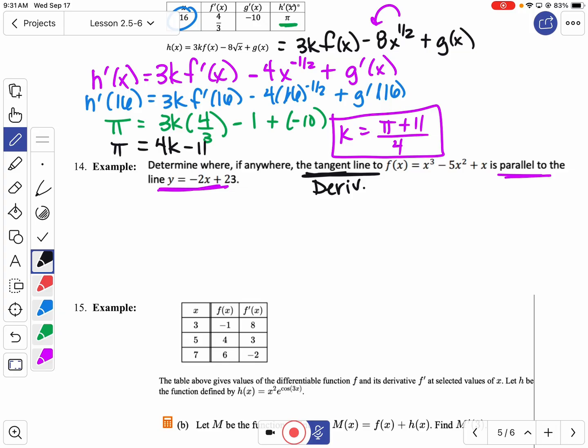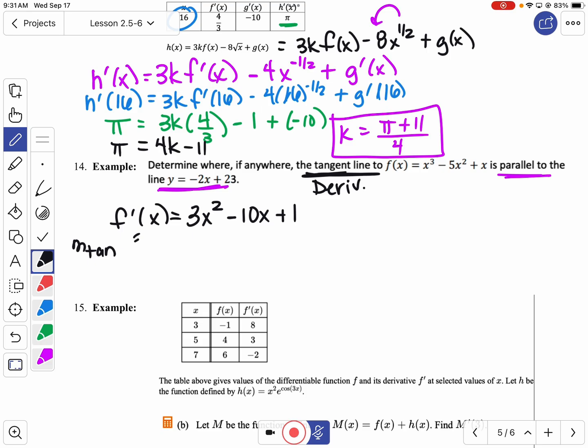So what's going to be the derivative of f of x? 3x squared minus 10x plus 1. We know that's also an equation for the slope of my tangent. They're the same thing.